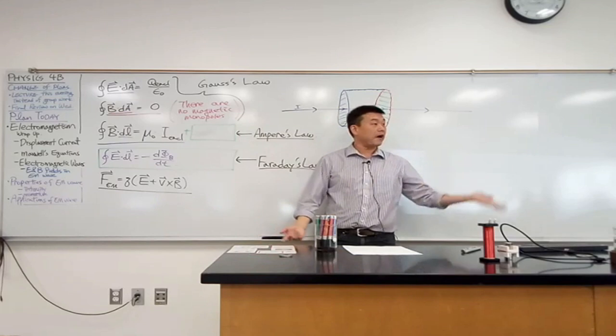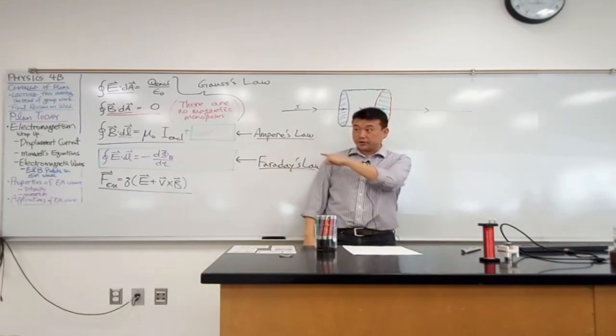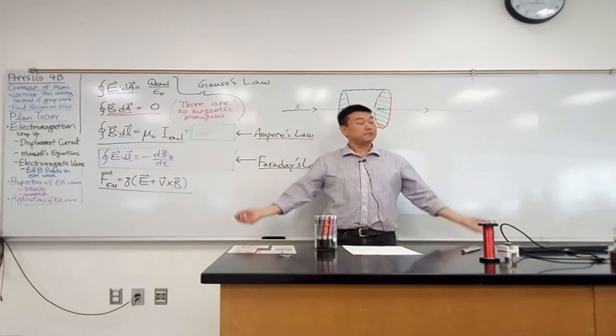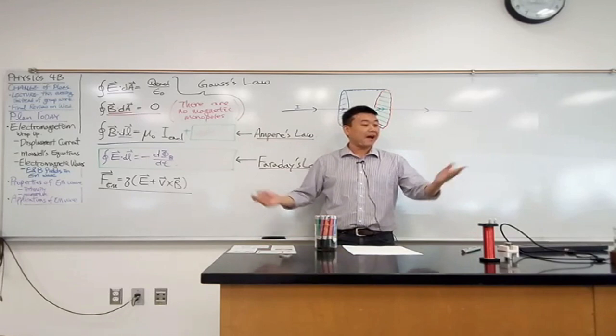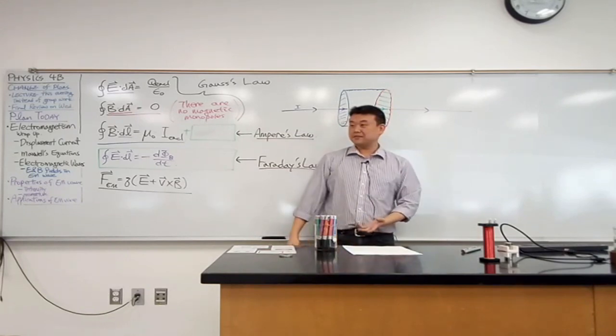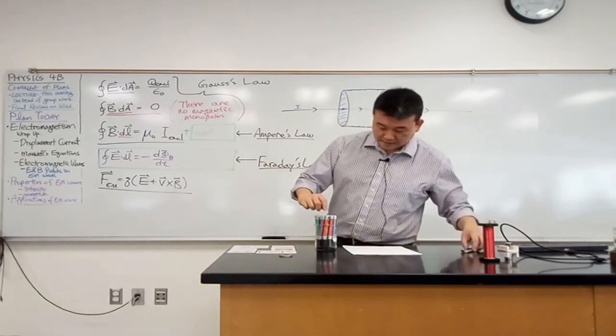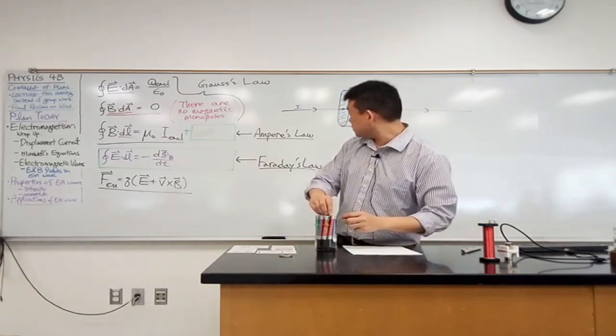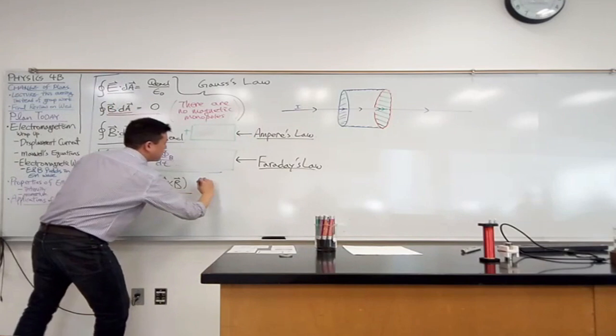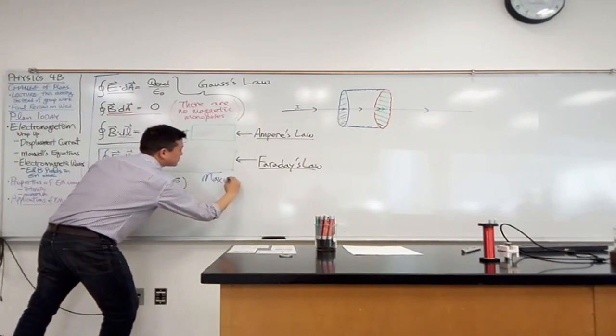It's half of Ampere's law. There's one more term there that no one noticed until a guy named James Clerk Maxwell thought that it should be there. That's why we call this entire set of equations Maxwell's equations.